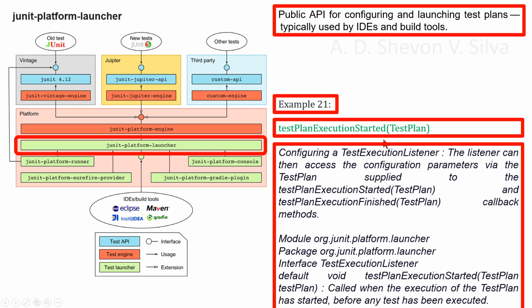In such cases, the author of the test execution listener may choose to make the listener configurable via configuration parameters. The listener can then access the configuration parameters via the TestPlan applied to the testPlanExecutionStarted and testPlanExecutionFinished callback methods.